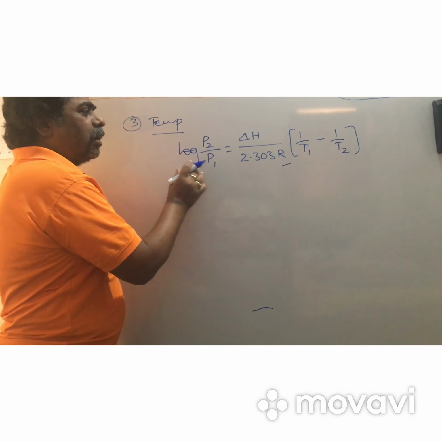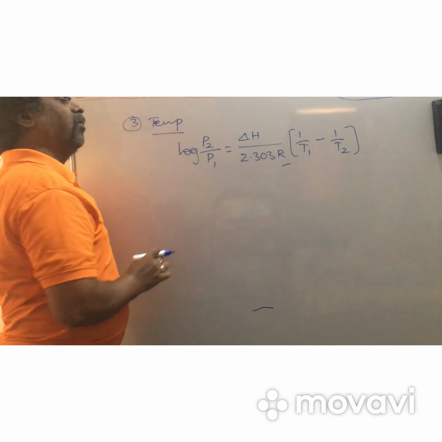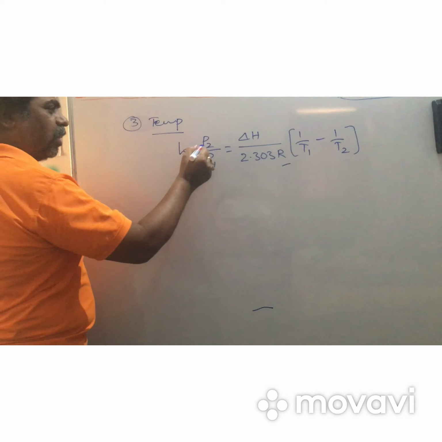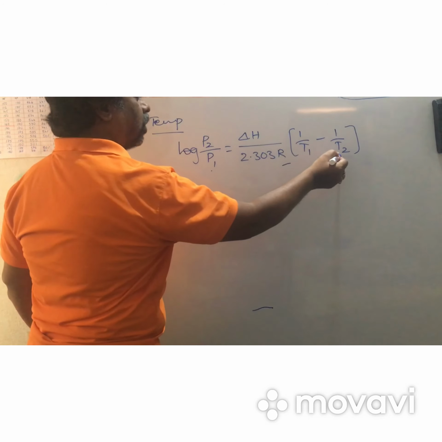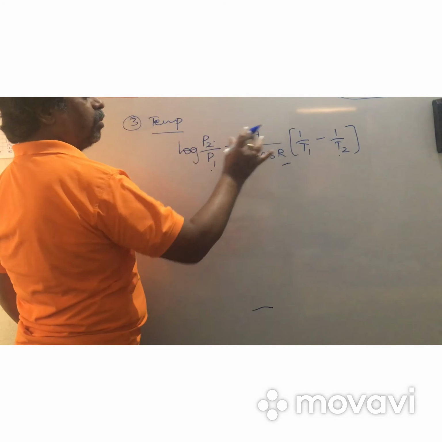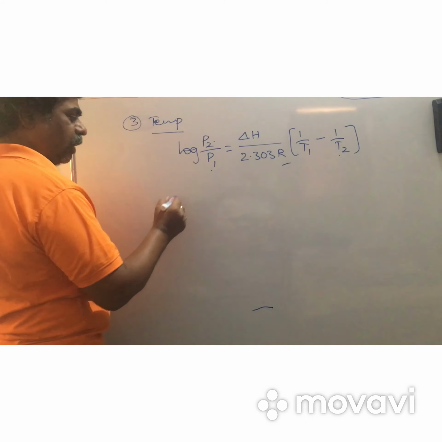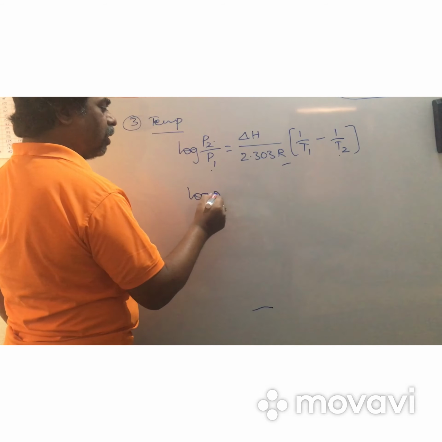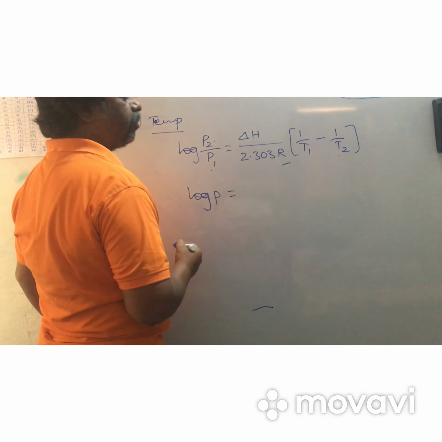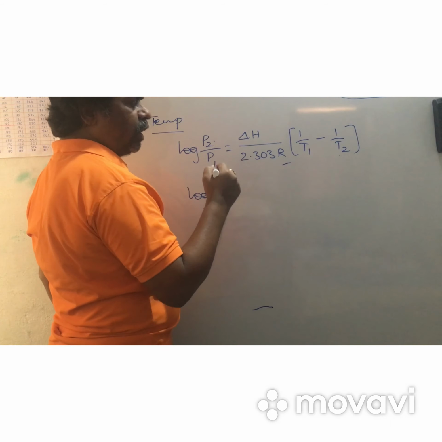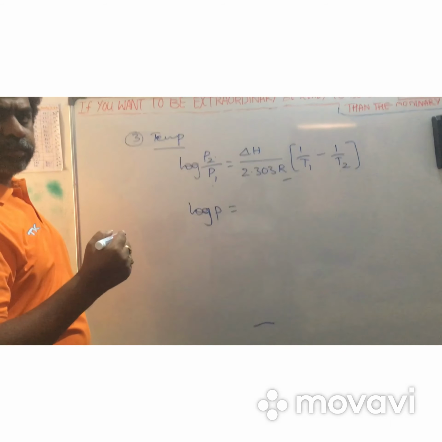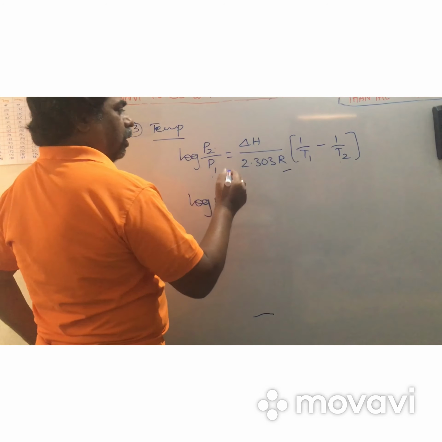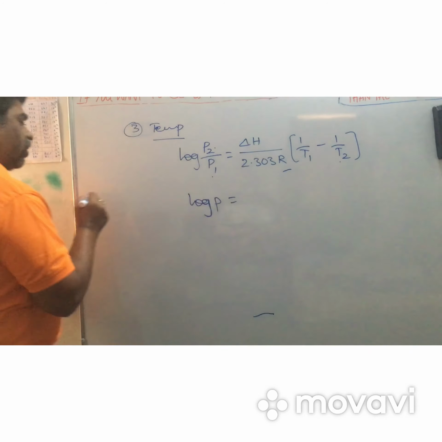As temperature increases, vapor pressure also increases exponentially. At T1 temperature the vapor pressure is P1, at T2 temperature the vapor pressure is P2, and this formula we can apply. If a single condition is taken, since it is exponential form, you have to apply logarithms. Log P is equal to EA by 2.303, the same as the Arrhenius theory.